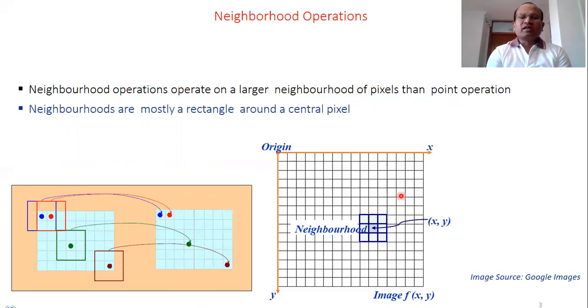Say here, if you choose a pixel, it will be a rectangle, that masking. You choose the neighborhood here. If you see this pointer, if you choose one pixel, the adjacent pixels in the neighborhood will constitute a mask. That mask will be applied over all the pixels of the image, and accordingly we get different pixel values corresponding to each pixel.